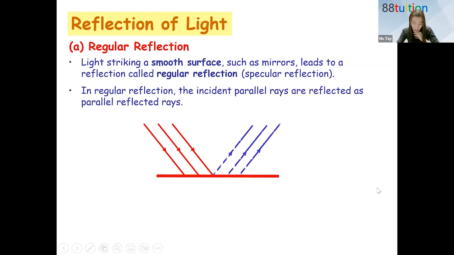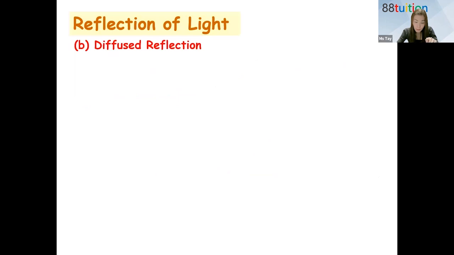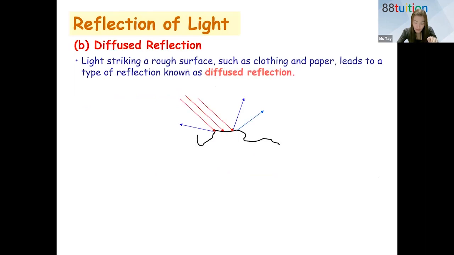They're all going to be reflected in parallel as well. These are the reflected rays. So for smooth surfaces, we get regular reflection. But for surfaces that are very rough, such as clothing and paper, it leads to a type of reflection called diffused reflection.